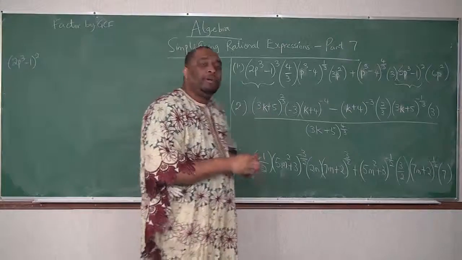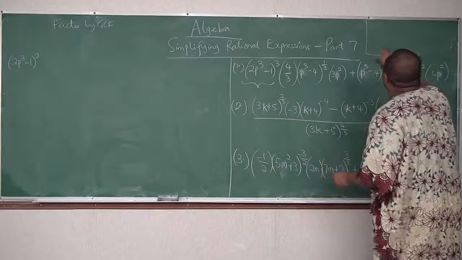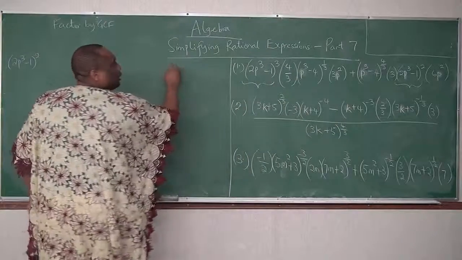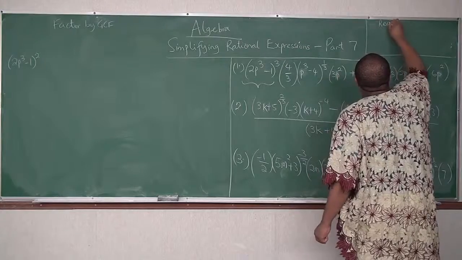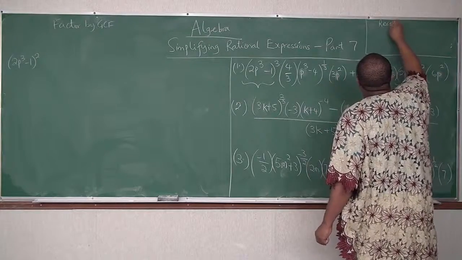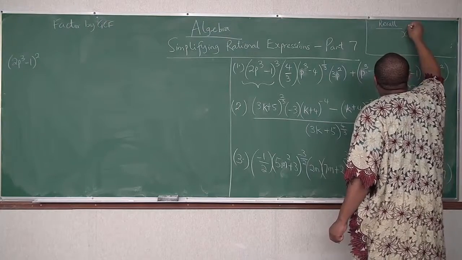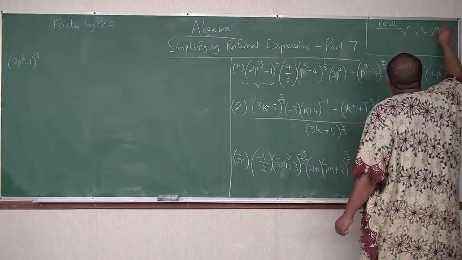So you come over here, this is what you do, because if you recall, x exponent m times x exponent n is x exponent m plus n.